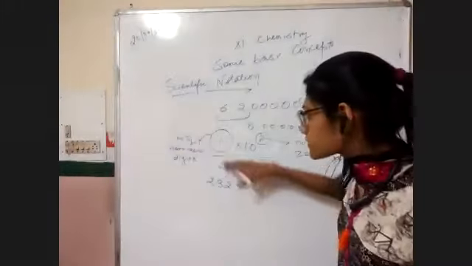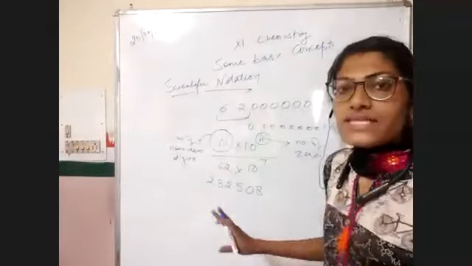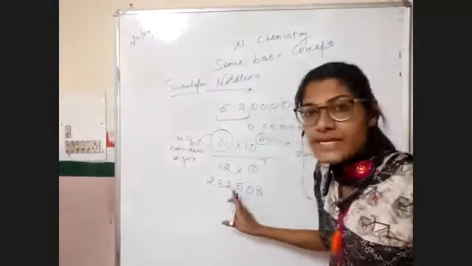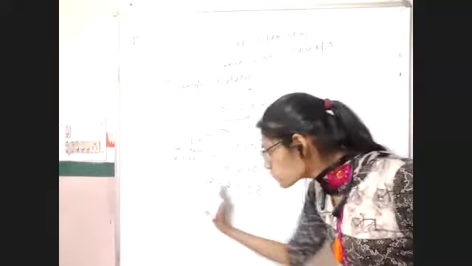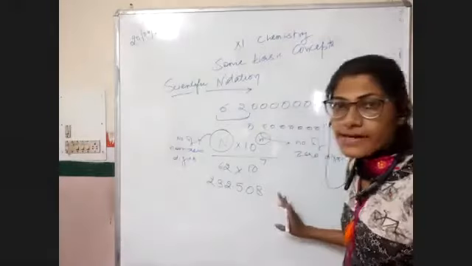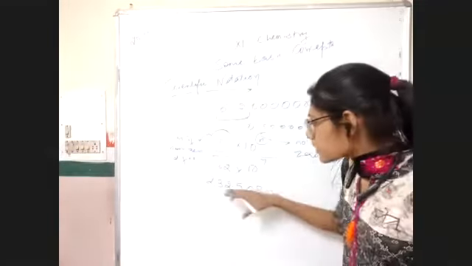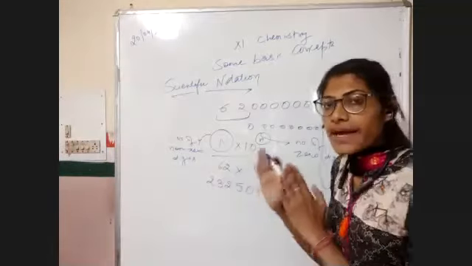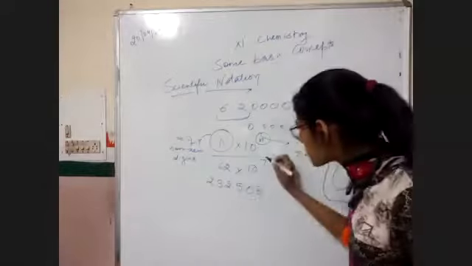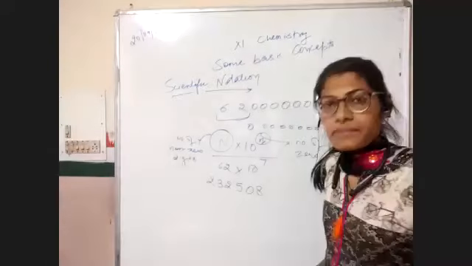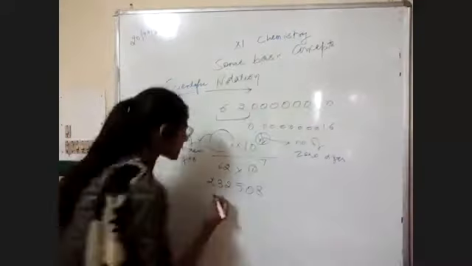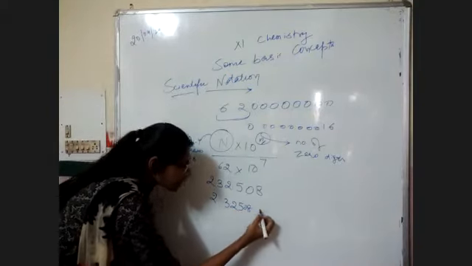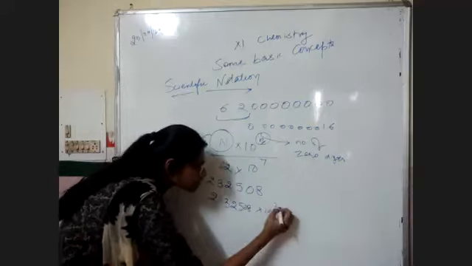If I have to write this in the form of scientific notation, the first thing I would do is check the position of the decimal. How many positions I would move, either in the left direction or in the right direction, and the number of digits I have to move would make the small n. So this equation would become 2.32508 multiplied by 10 raised to power 2.